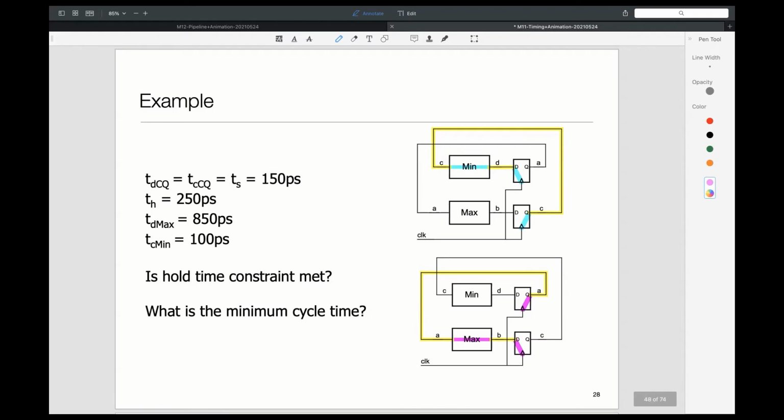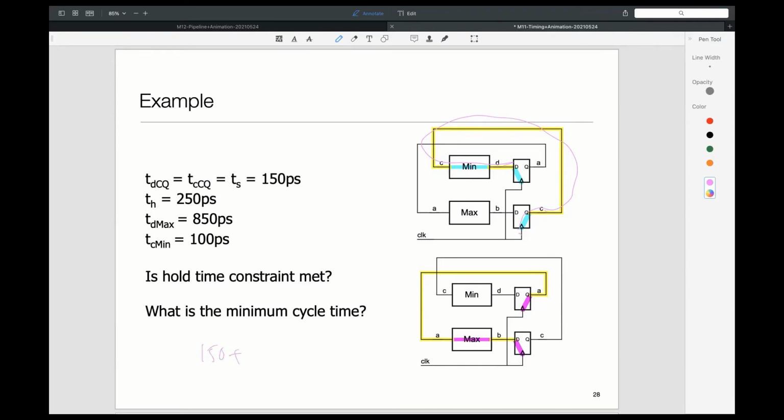So first question, is hold time constraint met? To check whether the hold time constraint is met, I need to make sure that if I go through this path, because min is the faster one and has a lower contamination delay, that I'm not running into problems. From clock edge to C is 150.